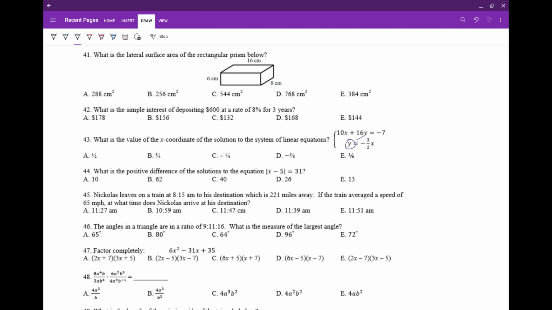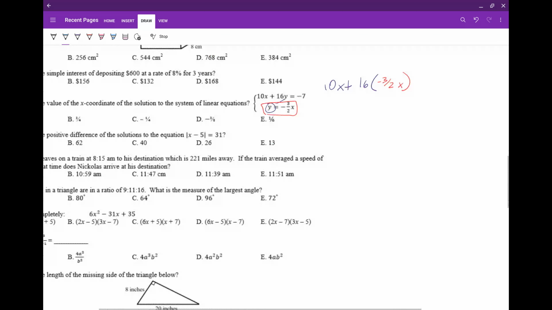And so in this case, we have 10x plus 16 times, and in the place of y, we're going to keep -3/2 x because this states that y is equal to -3/2 x. -3/2 times x, and that's equal to -7.